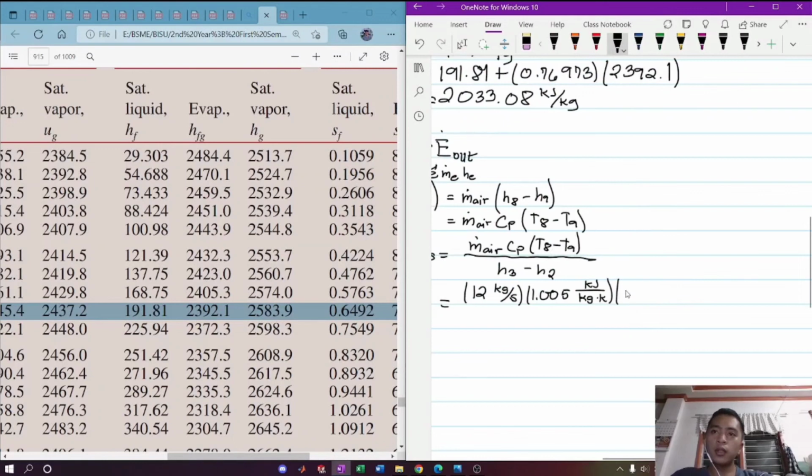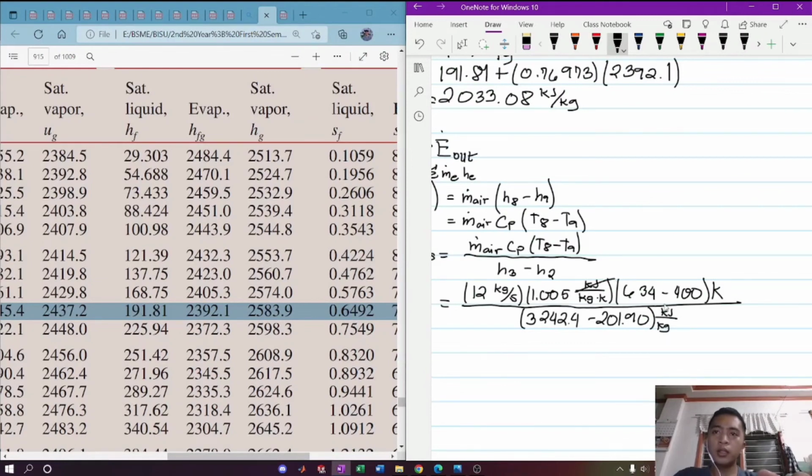So T8 na to is 634 minus T9 is 400 Kelvin, over H3 na to is 3242.4 minus 201.90 kilojoules per kilogram.